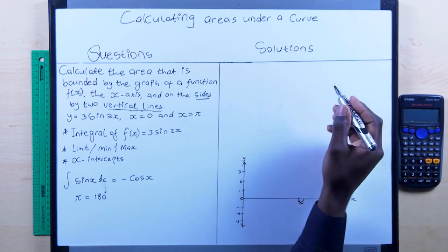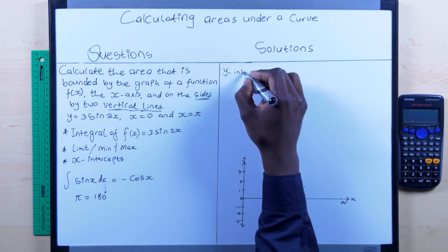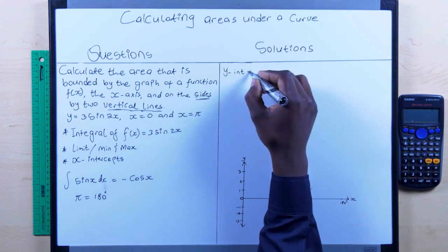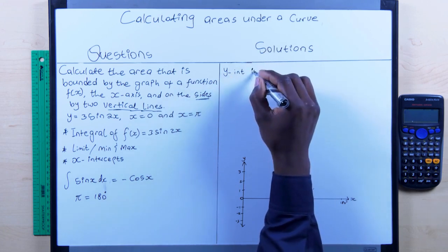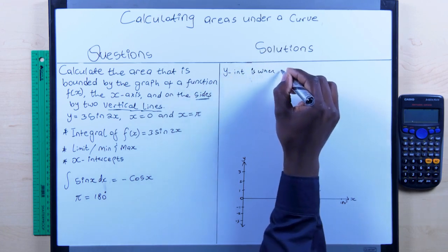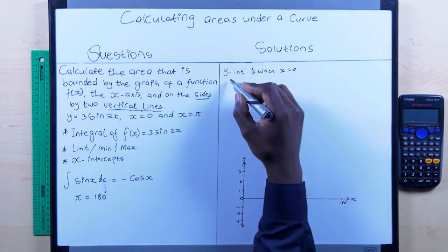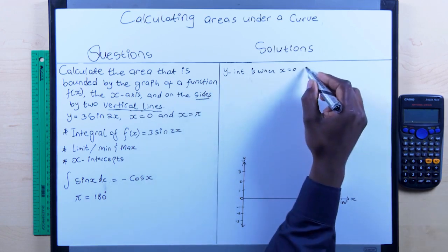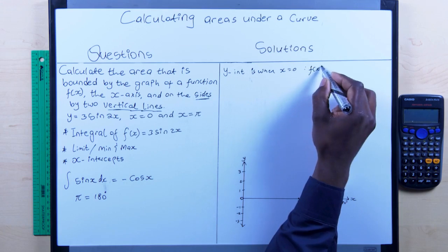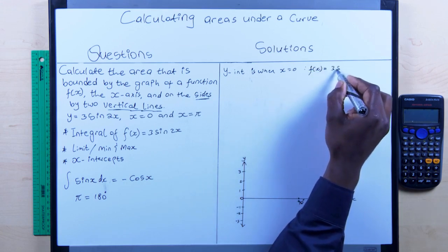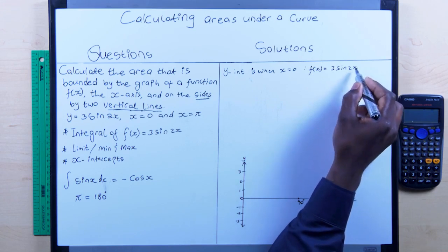Now, let's find our intercepts. So y-intercept is equal to, y-intercept is when the value of x is equal to 0. So we can clearly go to this function and in this case x is equal to 0.